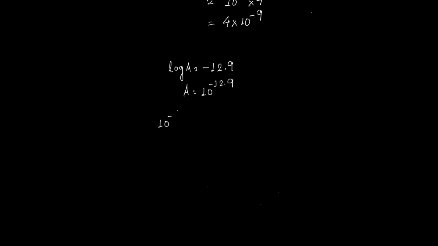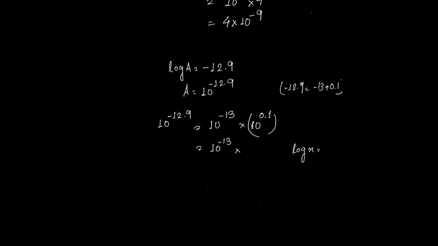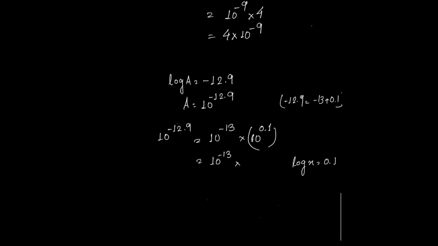We can write 10 to the power minus 12.9 as 10 to the power minus 13 into 10 to the power 0.1, as minus 12.9 is equal to minus 13 plus 0.1. So it will be 10 to the power minus 13, but now we have to find for what x log x would be 0.1.